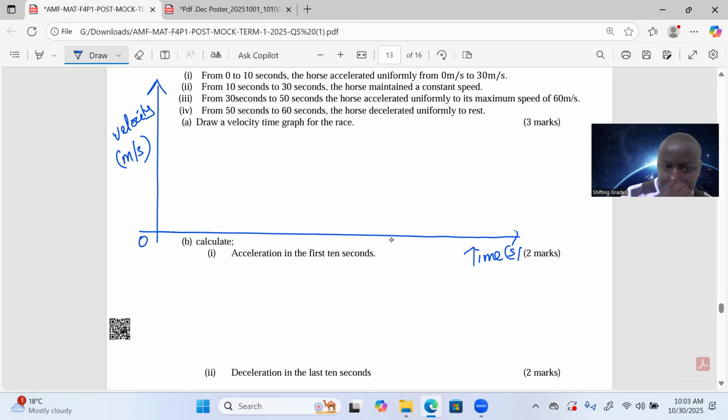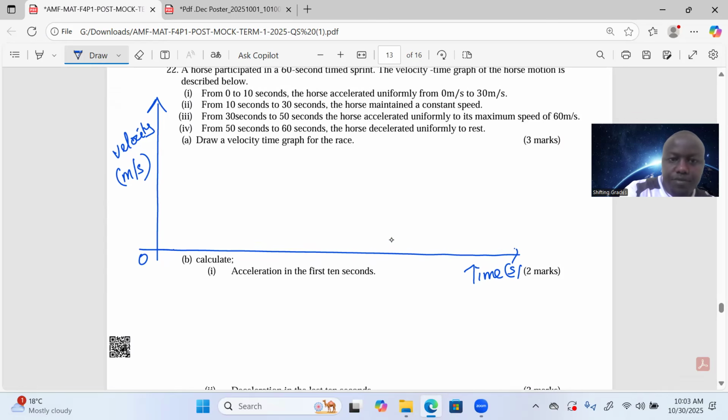From 0 seconds to 10, the first 10, we have a uniform acceleration all the way to a velocity of 30 meters per second. So uniform acceleration means a straight line.